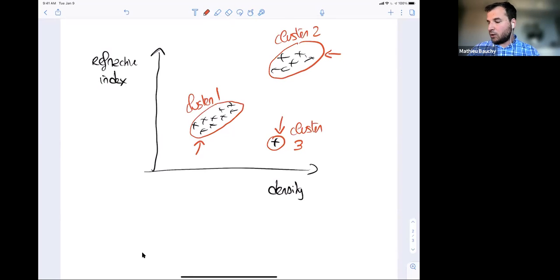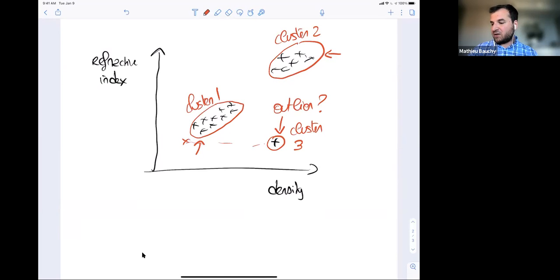So that would potentially be an outlier, something that would need to be checked. If the density and the refractive index of this glass don't seem to match those of the other glasses, then maybe there has been a mistake in the way the density was measured. Maybe the density should actually be lower so that this glass would belong to cluster 1.